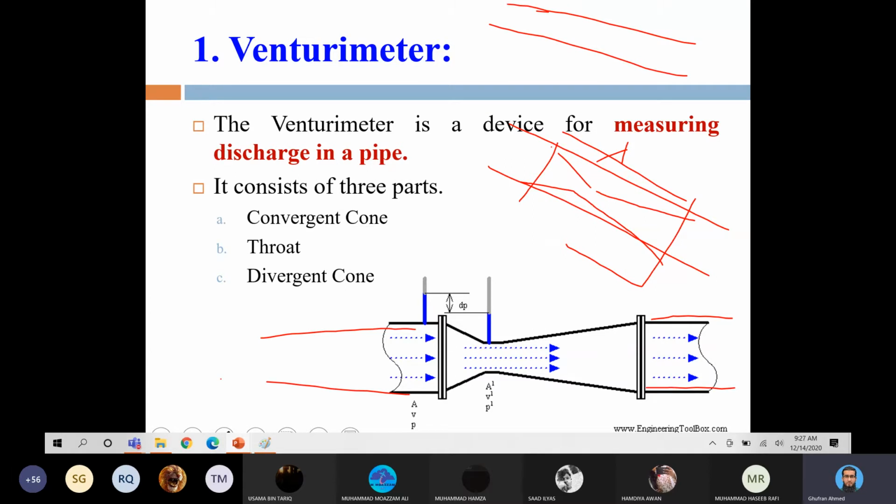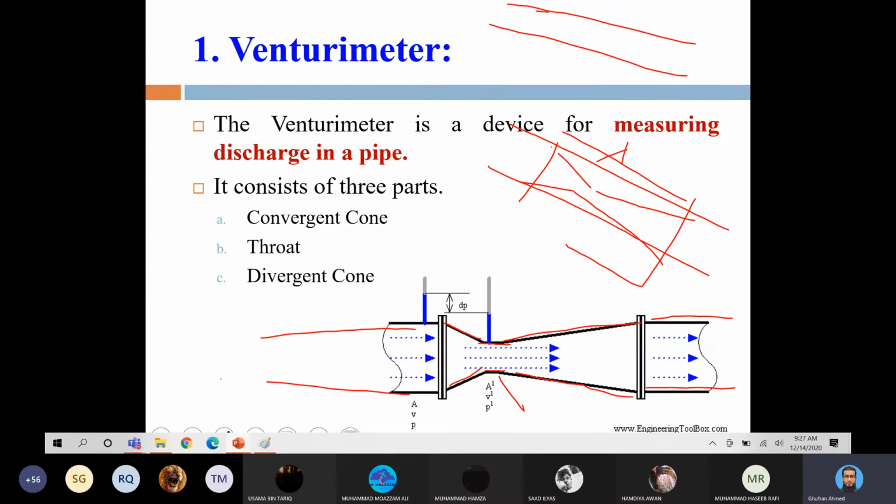So the Venturi meter is a device for measuring discharge in a pipe. It has three parts. The first part is the convergent cone, in which the diameter of the pipe reduces. After that, this straight portion is the throat. The third part is the divergent cone, in which the diameter of the pipe diverges, it is increasing.